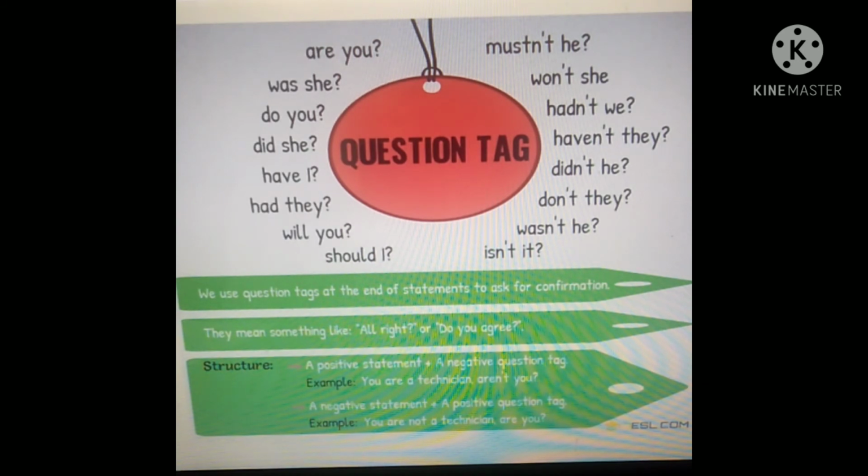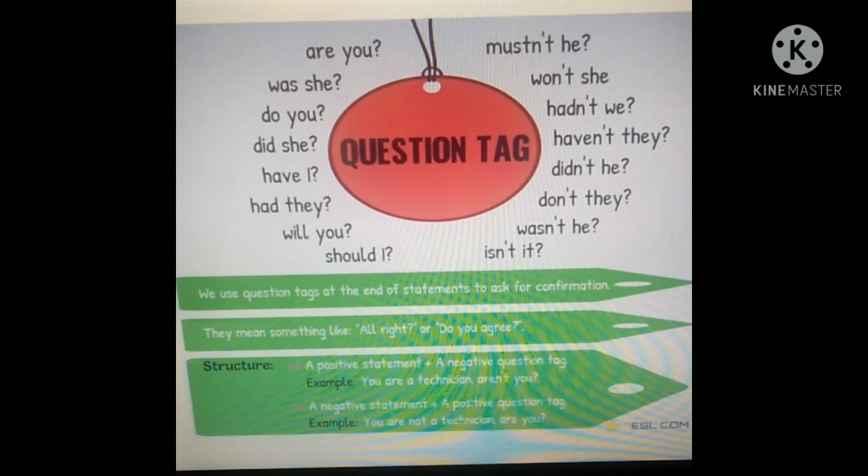Structure. A positive statement plus a negative question tag. It means that a positive sentence will always have a negative question tag, and a negative sentence will always have a positive question tag. For example, you are a technician. This is a positive sentence.